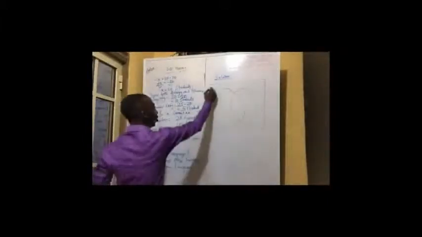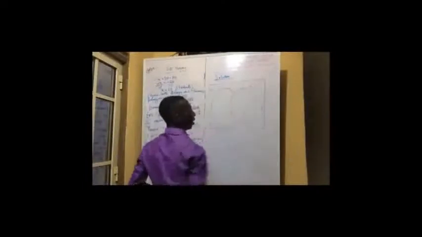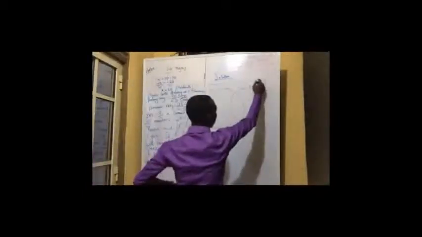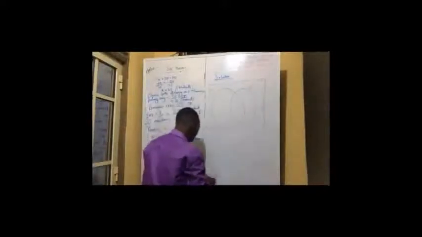Now let's denote Yoruba with Y, Igbo with I, isn't it? Now you are told that there are 30 members in that committee, so your universal set is 30.